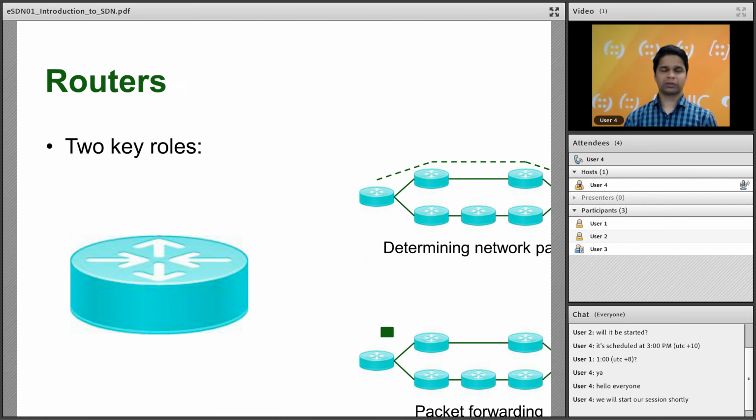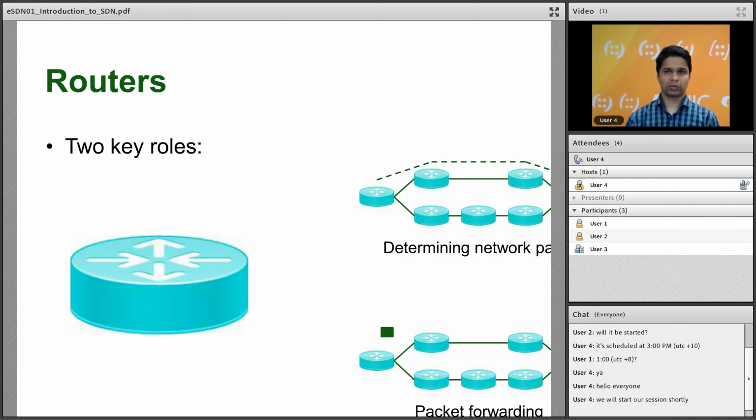If you look at the routers today, we can still say that the fundamental role of routers has not changed since the IMP, also known as Interface Message Processor, of the ARPANET project. They have two key responsibilities. Number one is to determine network paths, or the routes.